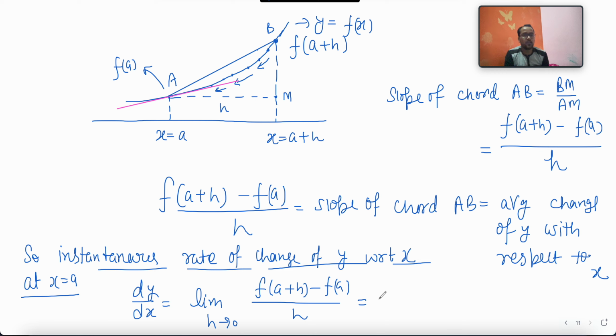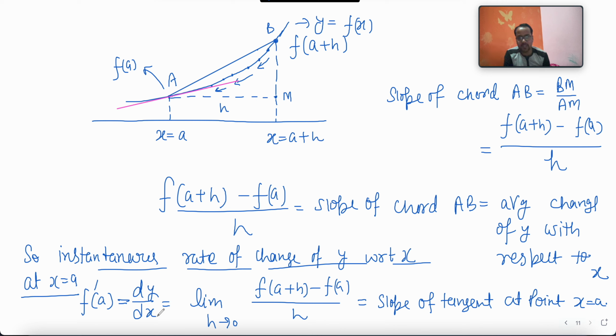is nothing but slope of tangent at point x equal to A. I hope this should be clear. And this is denoted as f dash at x equal to A. That means f dash of A it is.